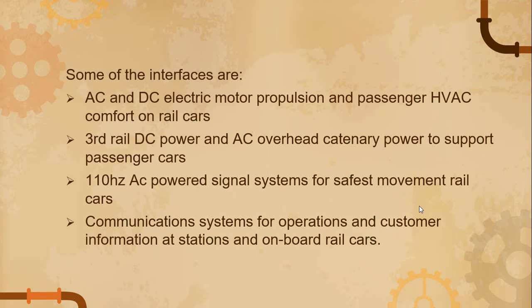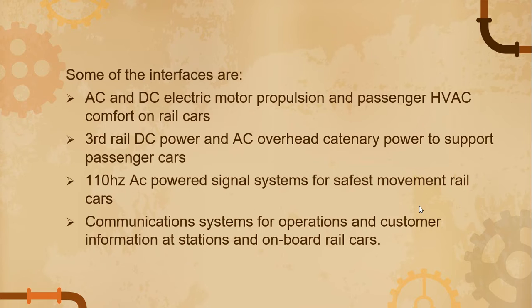So, some of the interfaces na tinutukoy doon are AC and DC electric motor propulsion, and passenger HVAC comfort on rail cars, third rail DC power and AC overhead catenary power to support passenger cars. Next is the 110 Hz AC powered signal systems for safest movement of rail cars.